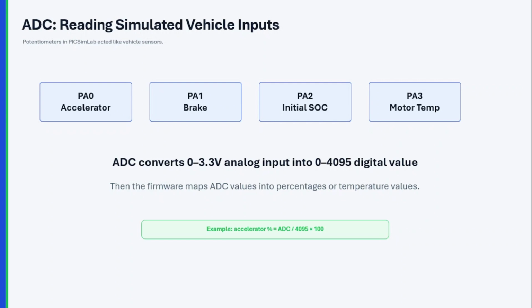PA0 is the accelerator, PA1 is the brake, PA2 is the initial SOC, and PA3 is the motor temperature. The ADC converts the analog input into a digital value, and then the firmware maps the digital value into a percentage or a temperature value.